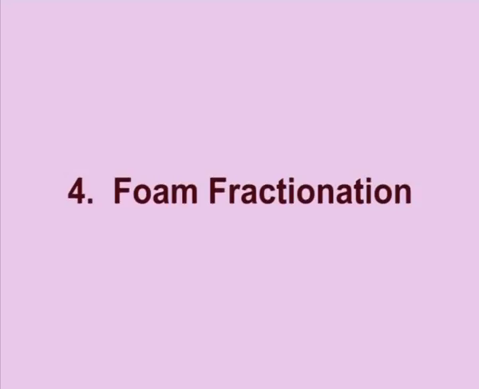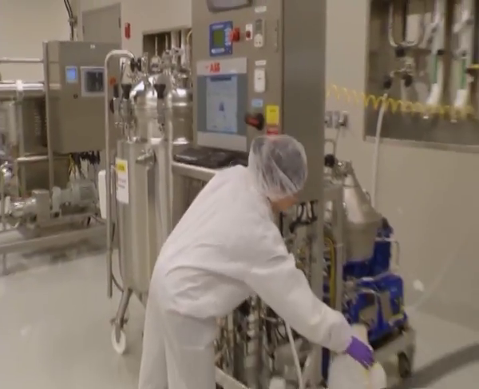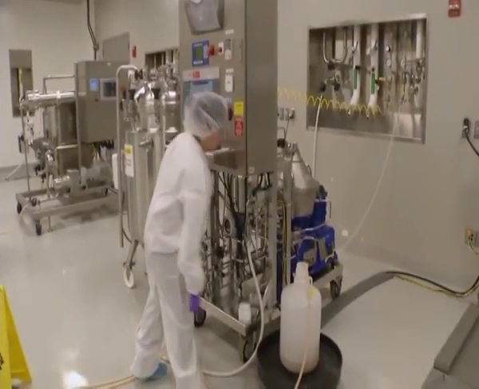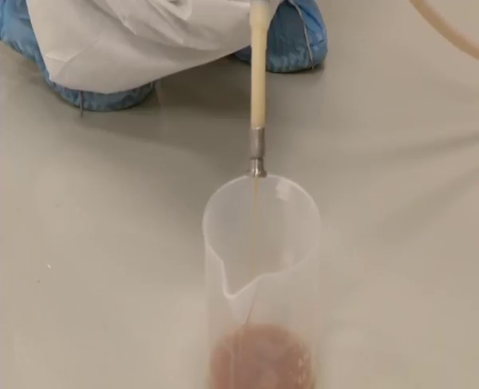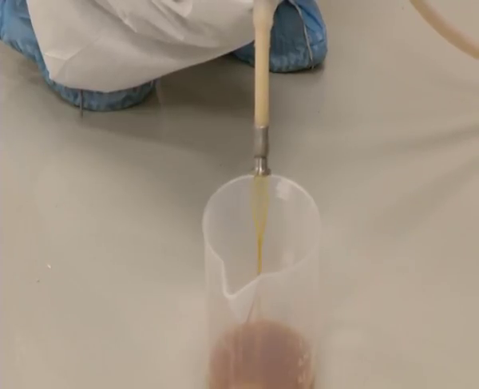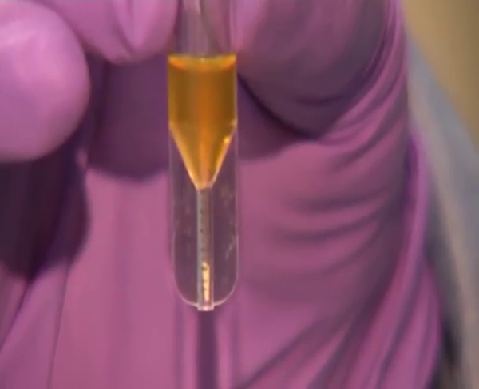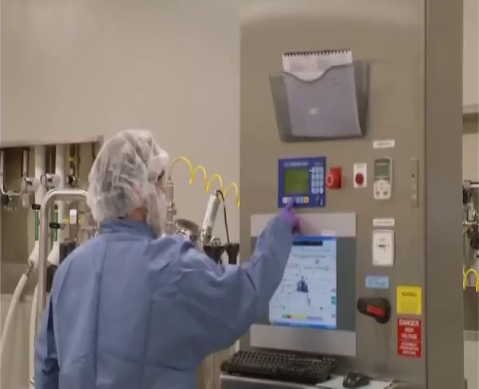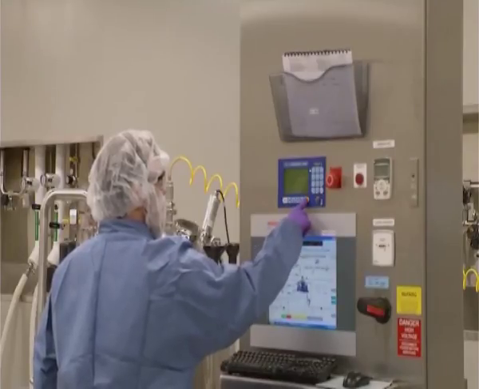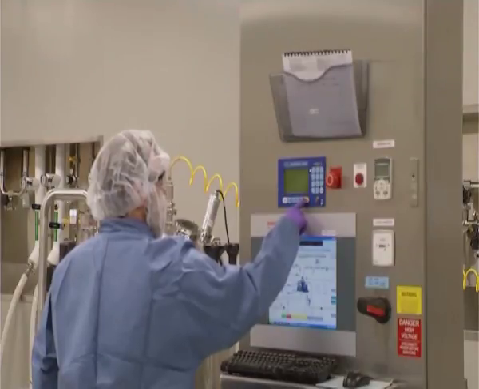Foam fractionation. The principle of foam fractionation is that in the liquid foam system, the chemical composition of a given substance in the bulk liquid is usually different from the chemical composition of some substances in the foam. Foam is formed by sparging the bulk liquid containing the substance to be fractionated with an inert gas.